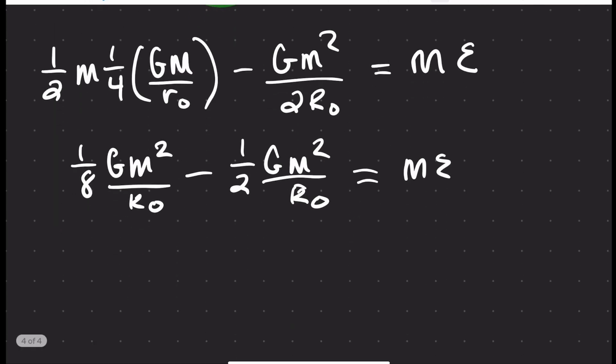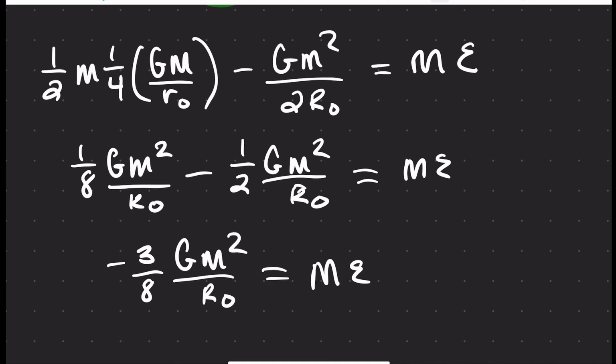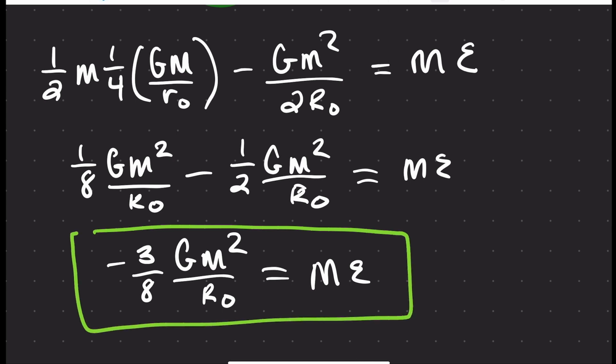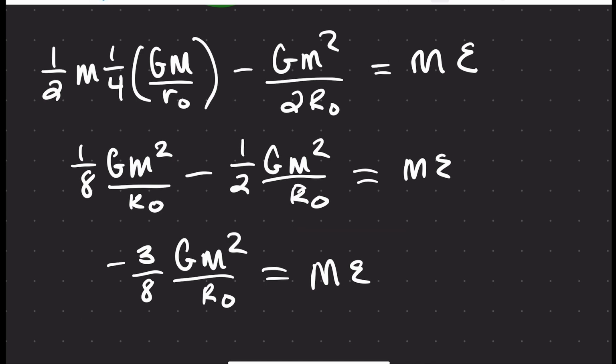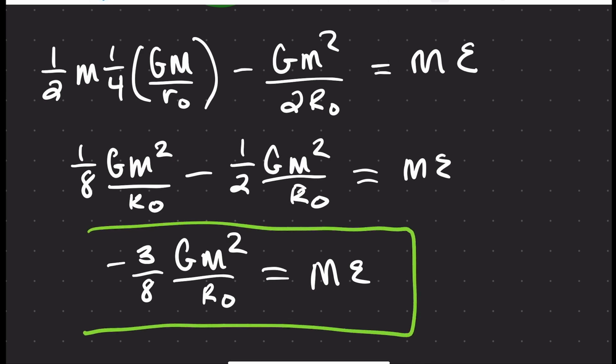And so we multiply this by 4, and we get negative 3/8 GM squared over R naught equals the mechanical energy of our system, given the velocity at which we calculated our black holes to be moving.